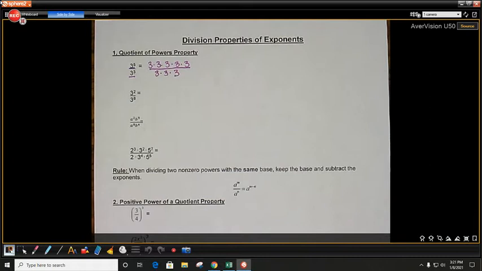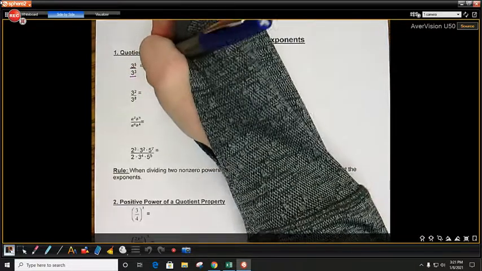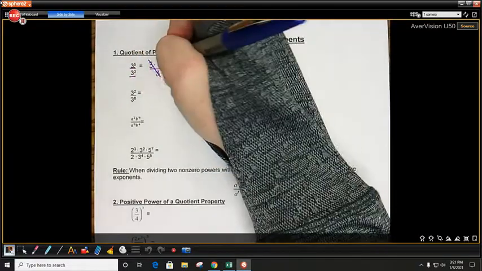Now, if you remember from elementary school, anytime you divide something by itself, they cancel each other out. So I can look at this as 3 divided by 3. They cancel each other out. 3 divided by 3. They cancel each other out. 3 divided by 3. They cancel each other out.